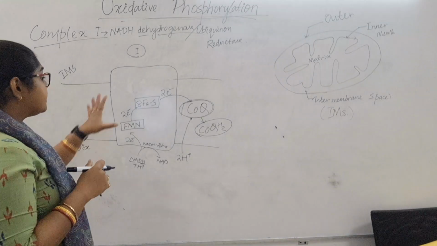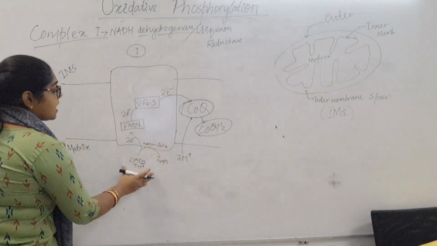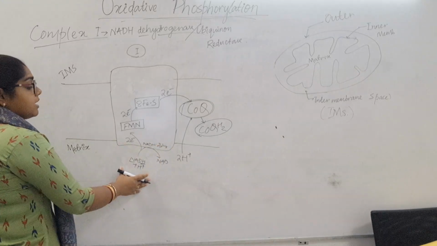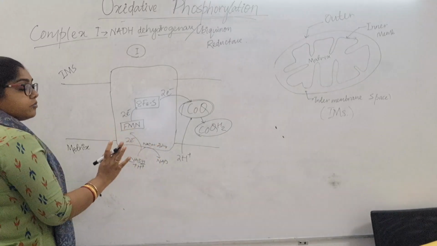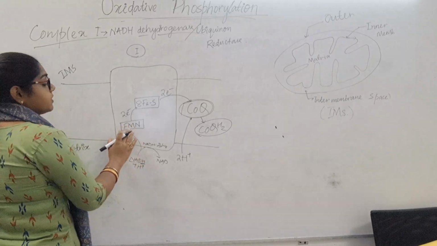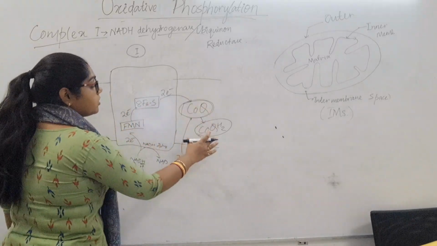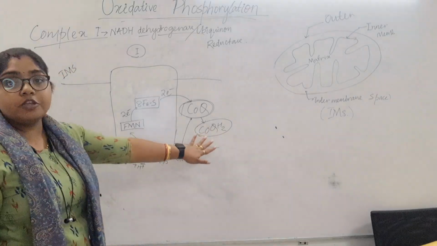So while all this process is going on, NADH is coming, NADH dehydrogenase is removing the proton from it, and along with it is also removing 2 electrons. Electrons are transferring from NADH to FMN, into the iron sulfur center, then to ubiquinone, and reduce it to ubiquinol.